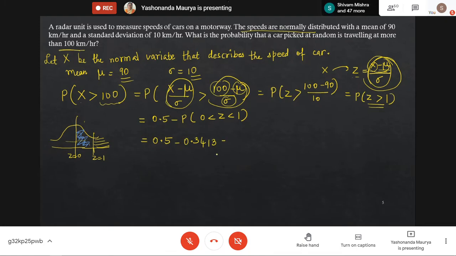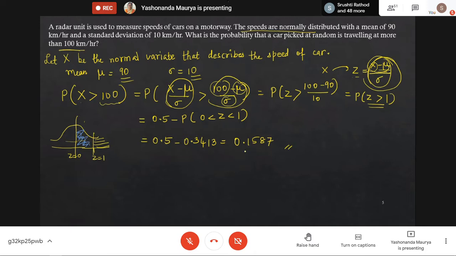So when I subtract this, I will get the answer. So what is the answer over here? It is 0.5 minus 0.3413. I'm using my calculator here to get the answer. So this will be 0.1587.